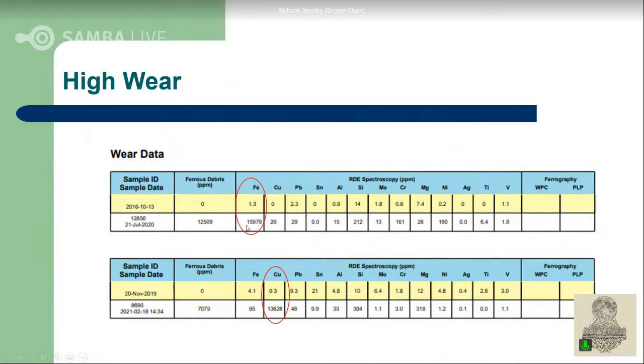And we can see that they are up at almost 16,000 parts per million. So it's quite high, and this was a big change from their normal. The normal levels were between about 75 and 110. So seeing that large jump up, they knew they had an issue and initiated further advanced testing to find the culprit or the generation of that increased iron wear.